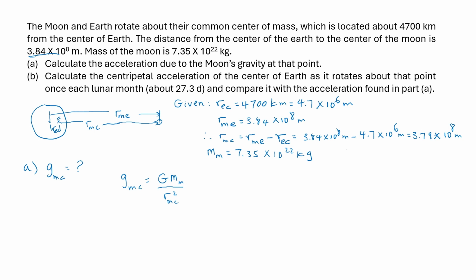Remember, the universal gravitational constant, as a table value, is equal to 6.67 times 10 to the minus 11 newton meter squared per kilogram squared.